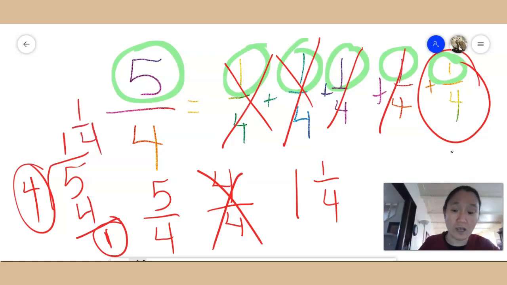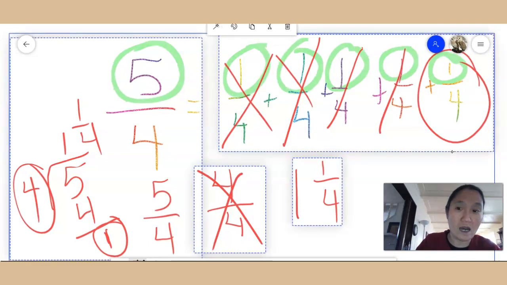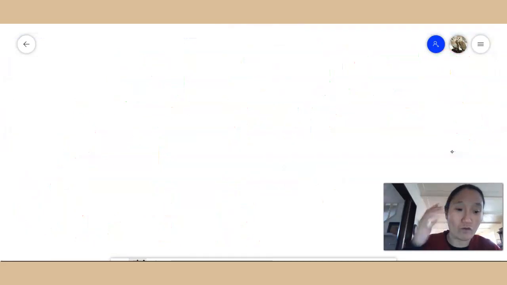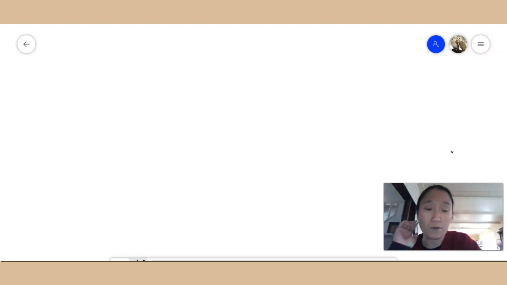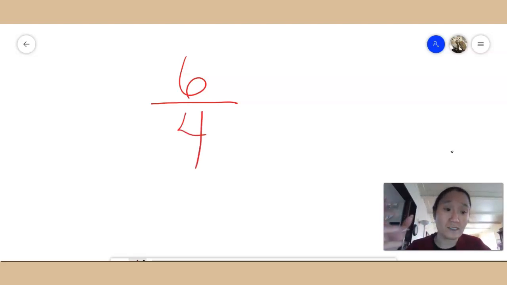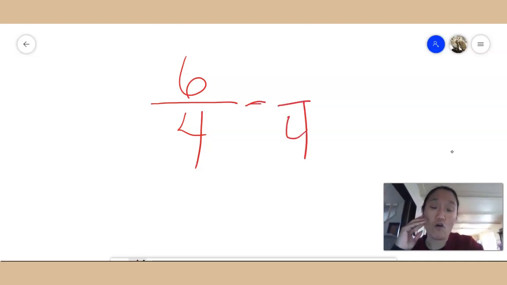Okay, so there's a couple different ways to do this. If you're moving back and forth from an improper, so improper is probably the hardest, moving from improper to a mixed. So I have an improper, let's go with 6/4. I will always say, okay, how many 4/4 can I take out, because 4 is my denominator?